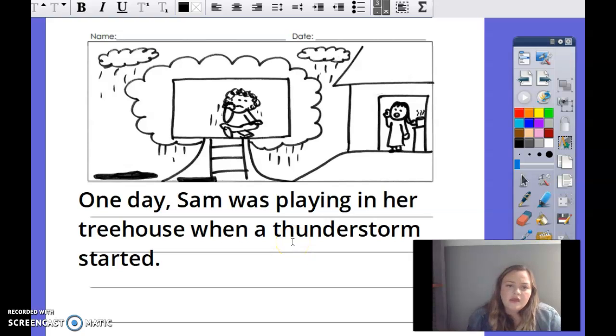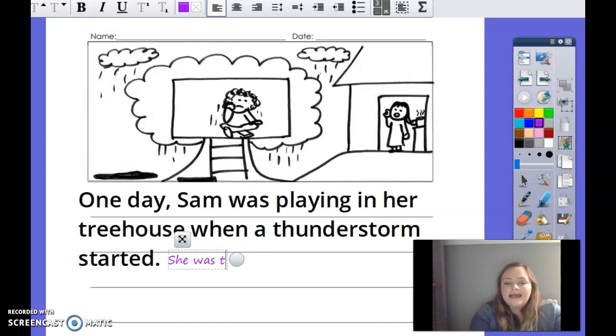Okay, so I have: One day, Sam was playing in her treehouse. I think I'm going to add, right after my first sentence, I'm going to go ahead and add that in there. So, I'm going to say, she was... you know what?